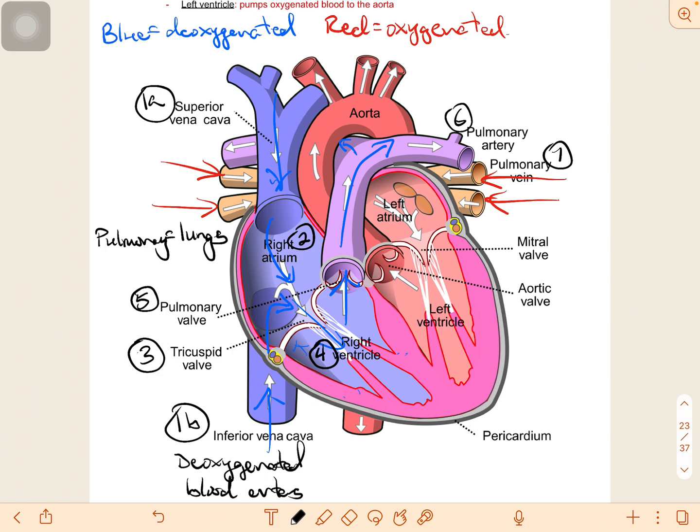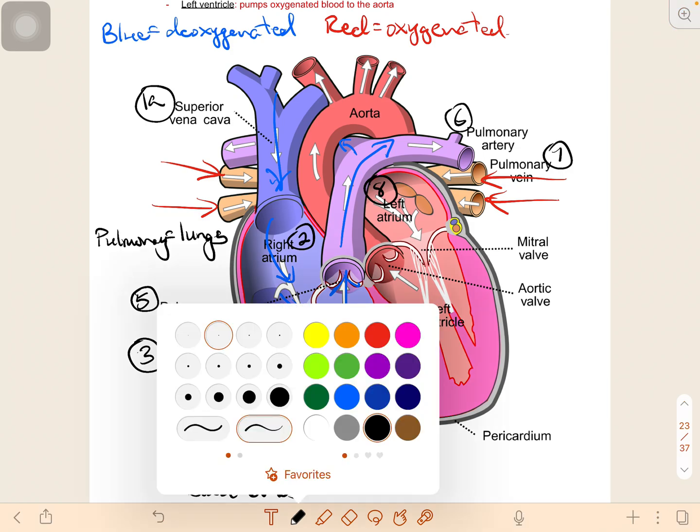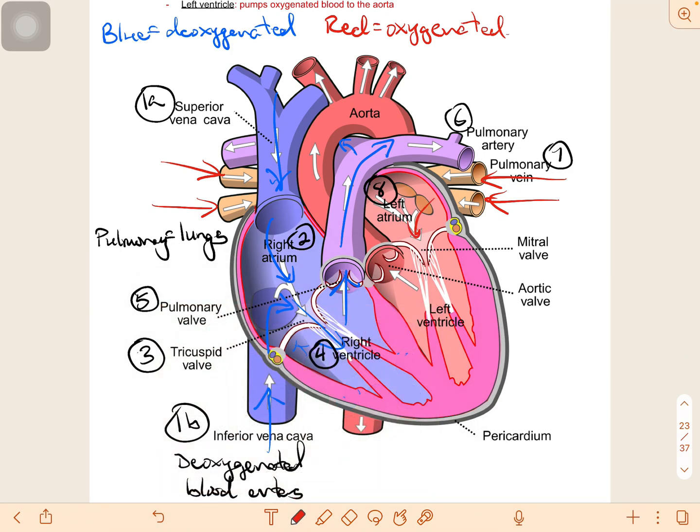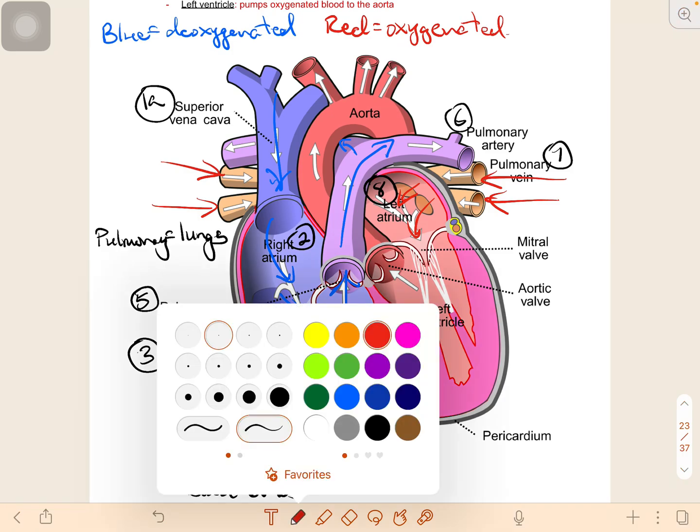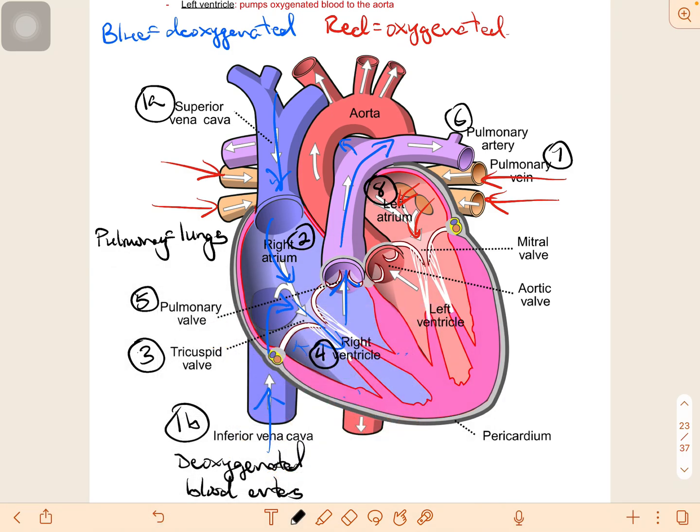All right, it'll empty into the left atrium, and the left atrium is where that blood empties into, going through the mitral valve. Once we go through the mitral valve, it will enter the left ventricle.